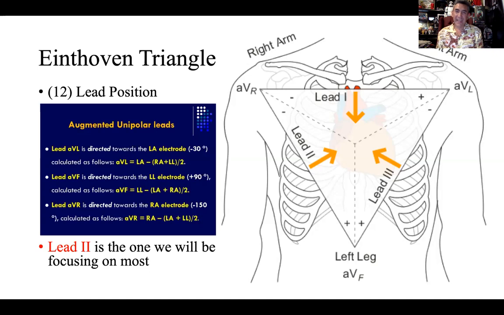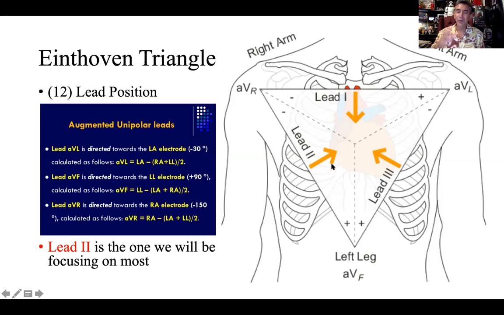For 90% of the cases, we work with lead 2, right? Lead 2 is looking at this trajectory, this angle, which is pretty close to the angle that we're going to see from the right atrium down to the apex of the heart.